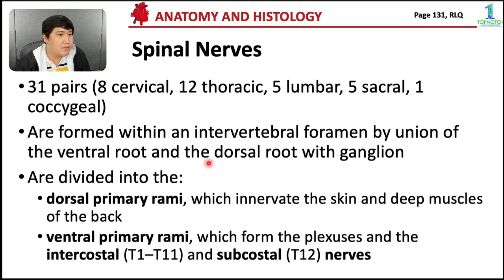Your spinal nerve will divide into dorsal rami, which will innervate the skin and the deep muscles of the back, while your ventral rami will participate in the formation of the plexuses: the brachial, lumbar, and sacral plexuses. Your T1 to T11 are not mainly part of plexuses because they form the intercostal nerves, and your T12 will form the subcostal nerves.